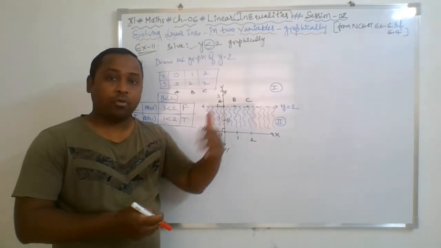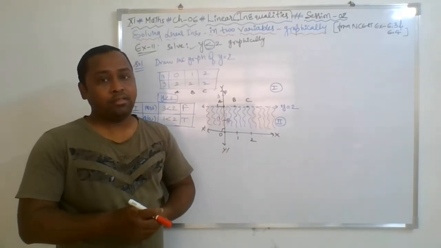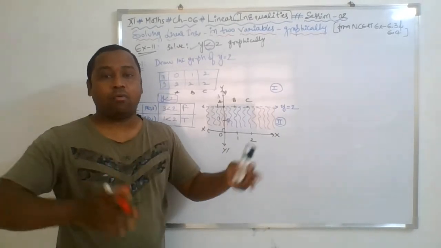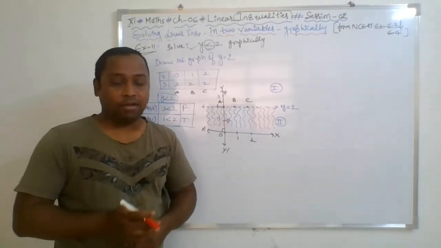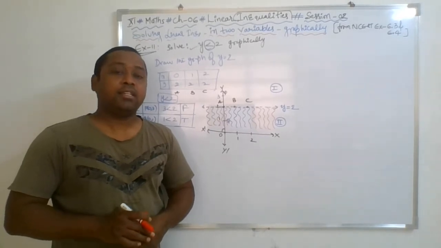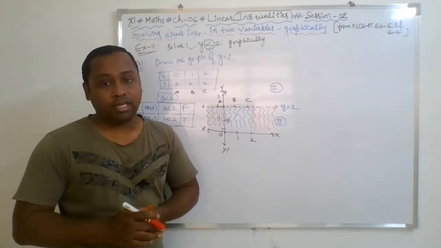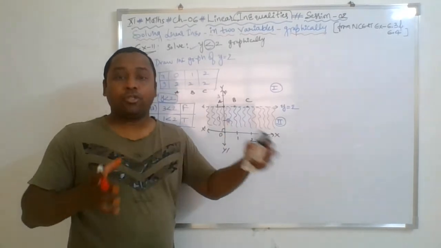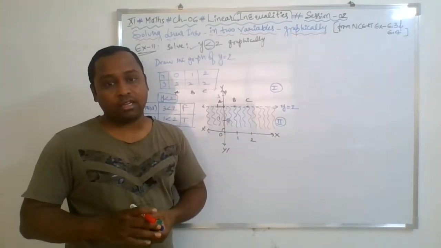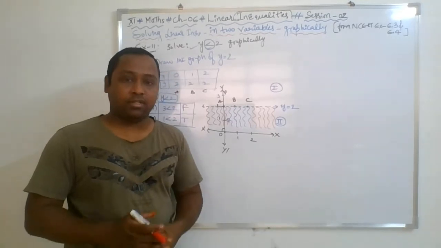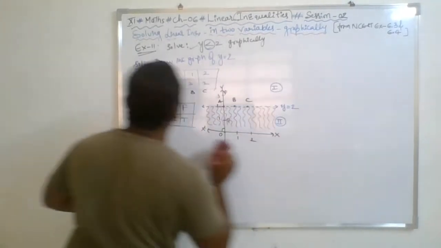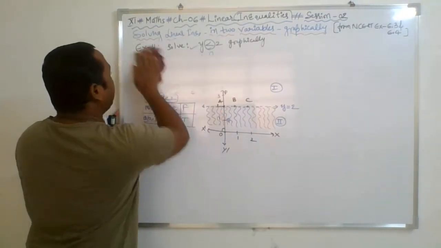Now we are going to solve the same concept again, but with more than two inequalities in the same graph, which we call a system of inequalities. System means we have two or more inequalities together to get a solution region. Okay, fine. Now for that, I'm taking some examples.